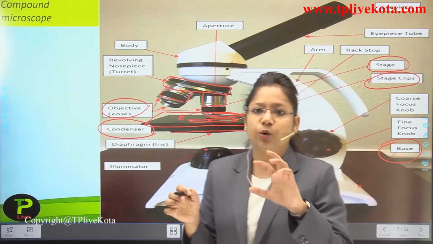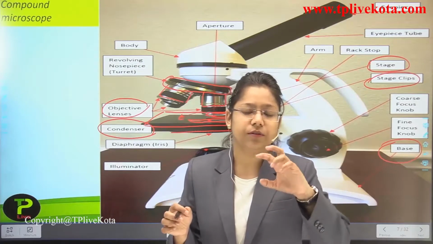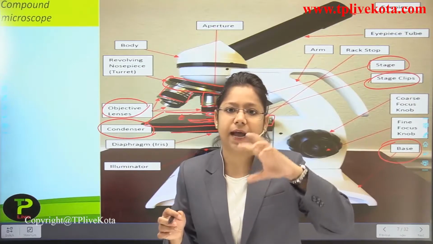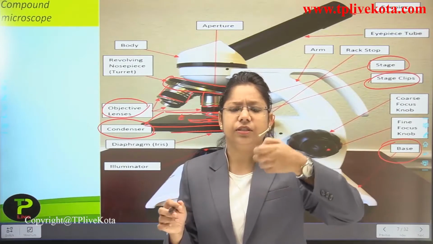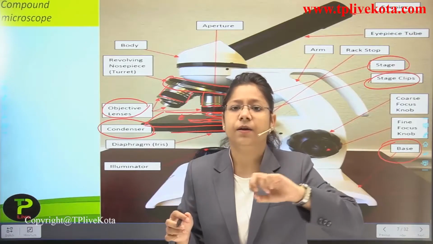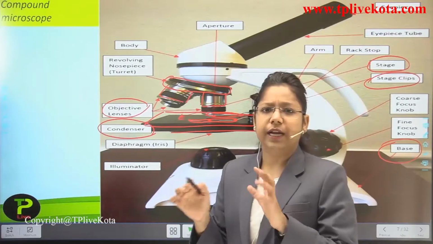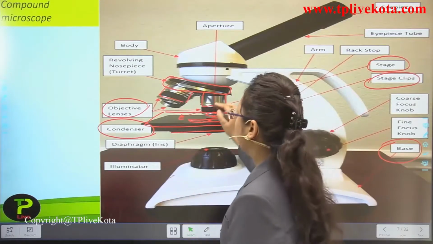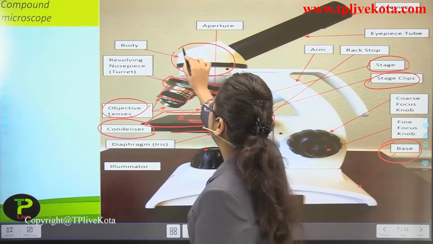If we want to observe more microscopically or more clearly, then we have to put the higher power lens. And if we want to see it with less magnification, then we can see it with a lower power lens. So these are the 2 to 3 types of lenses attached on this revolving nose piece. So this is known as the body of the microscope.